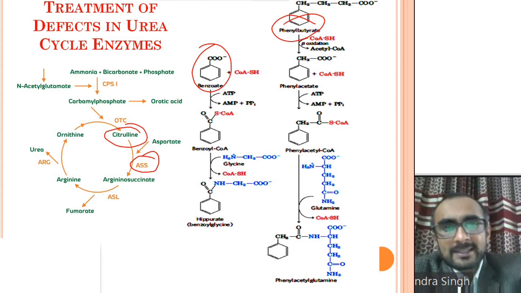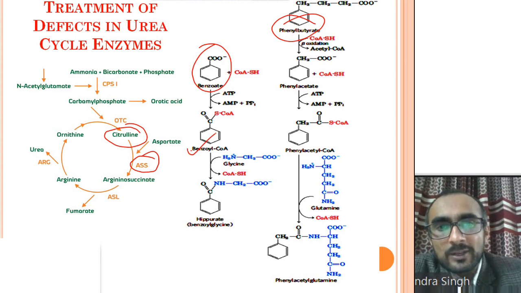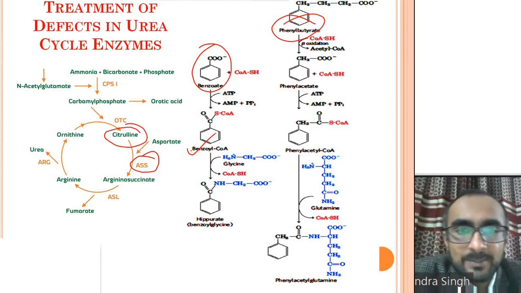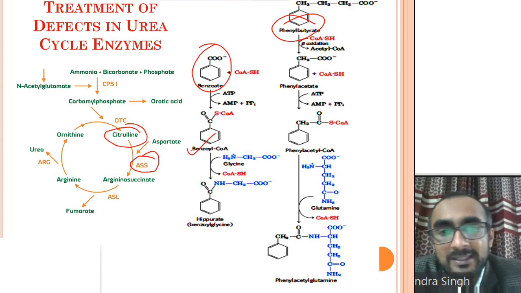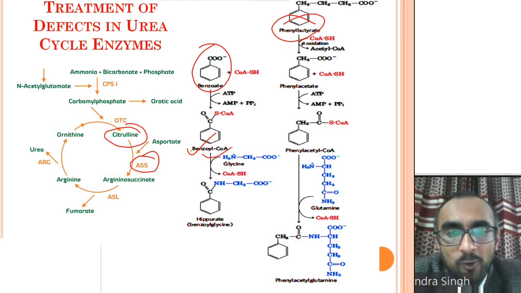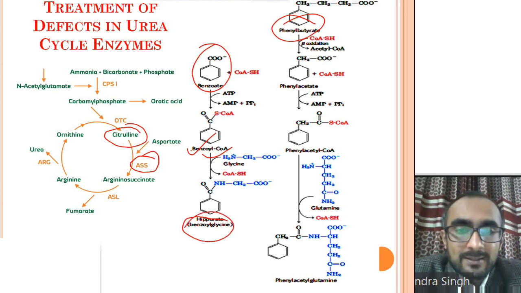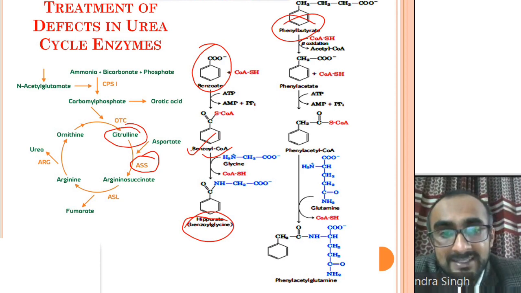So benzoate is converted into benzoyl coenzyme A. It uses ATP in the reaction, and this benzoyl coenzyme A reacts with glycine and forms benzoyl glycine. That's also called hippurate. This hippurate is non-toxic in nature. It is secreted out of the body in urine, and it uses glycine here.